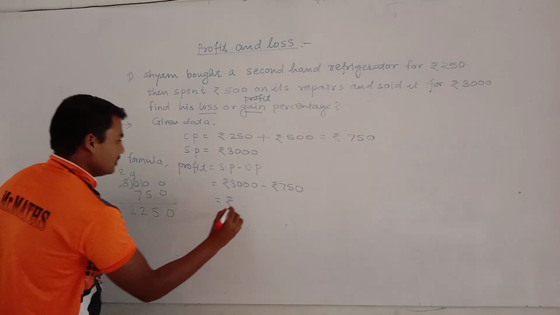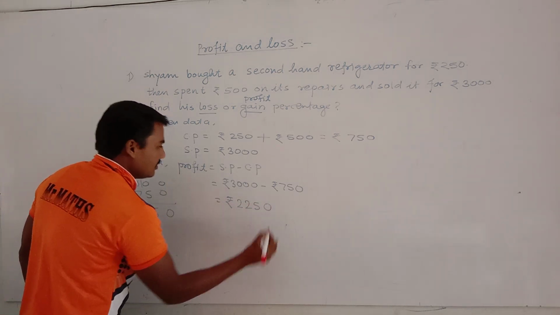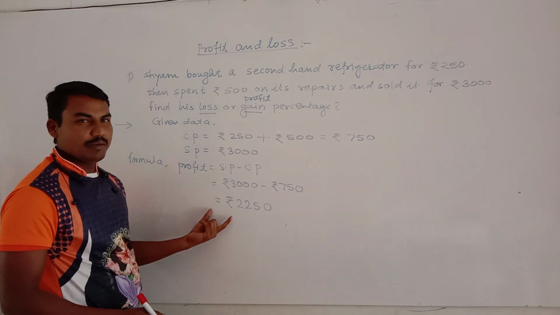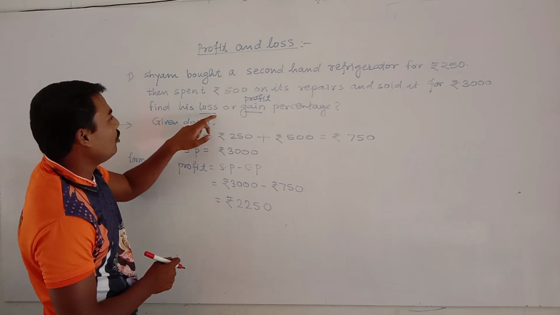Okay, so how much? 2,250. Okay, so it is the profit. Now find its loss or gain percent.